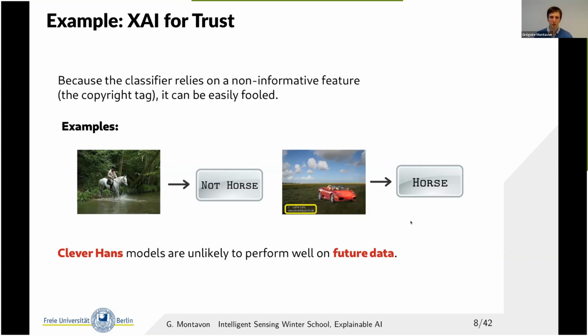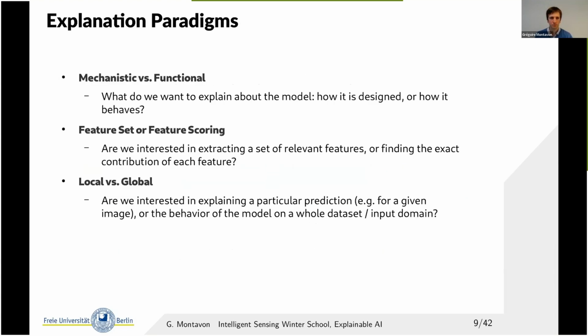And we call this type of classifiers, which rely on spurious correlation, Clever Hans classifiers. And these Clever Hans classifiers might work well exactly in the setting they are currently being used, but they are unlikely to perform well on future data. Okay, so this was basically for the motivations.